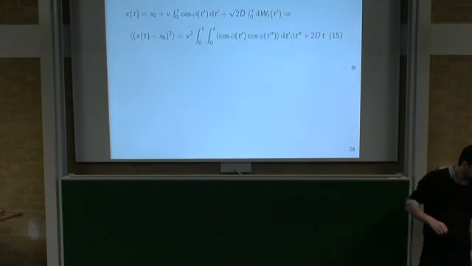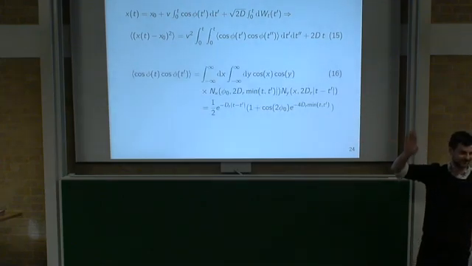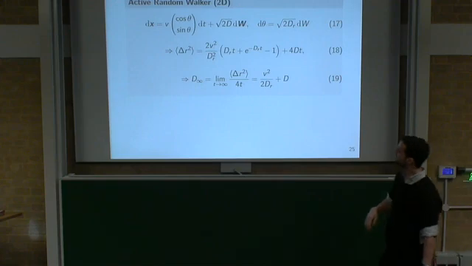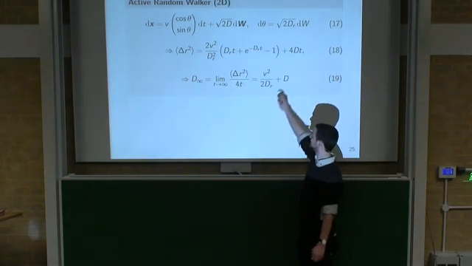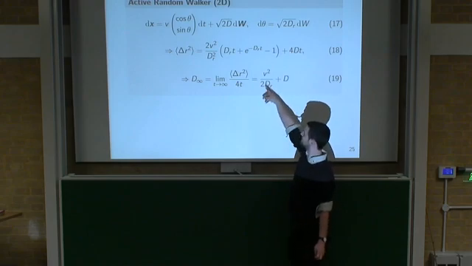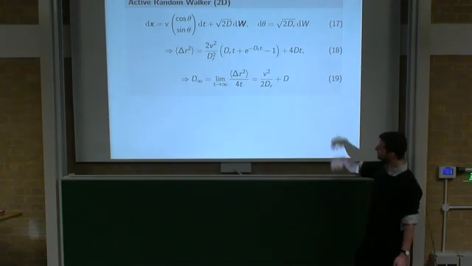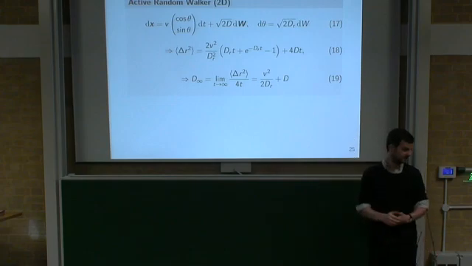So let me just see. I'm sure many of you have done this calculation where you can calculate the squared displacement for such a swimmer with a constant speed. And what you end up finding is an effective diffusion constant. That's the translational diffusion constant plus this active diffusion constant, which goes like speed squared over rotational diffusion.